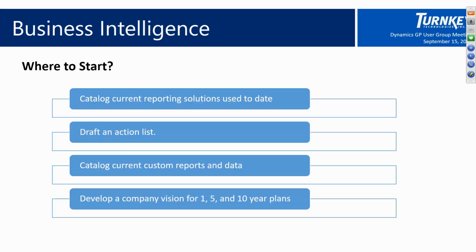So I know I said the reporting solutions used today, that's, we're using SRS, we're using SmartView, we're using Smart Lists, we're using Excel, anything along those lines, but then your current custom reports and data that you're doing. Do you have any custom data sets over here? Do you have any custom reports that you're running? Anything along those lines.